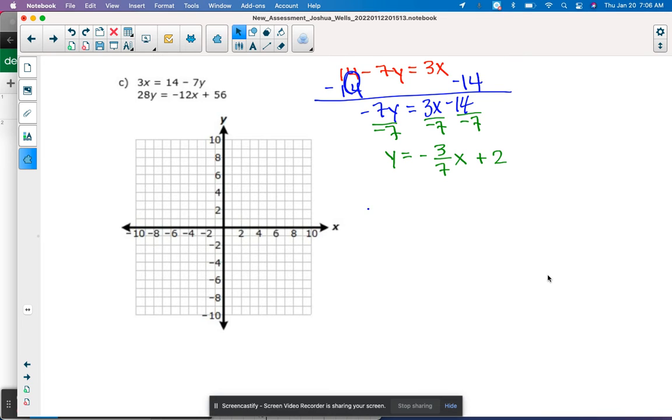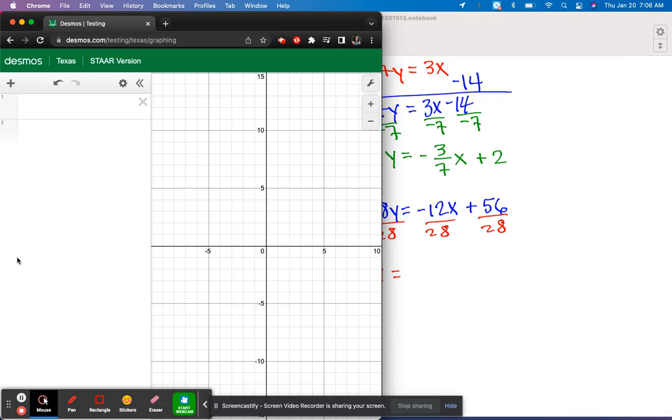So the second equation we have is 28y equals negative 12x plus 56. And we're going to divide by 28. So y equals, and let's go to Desmos and figure out these numbers.